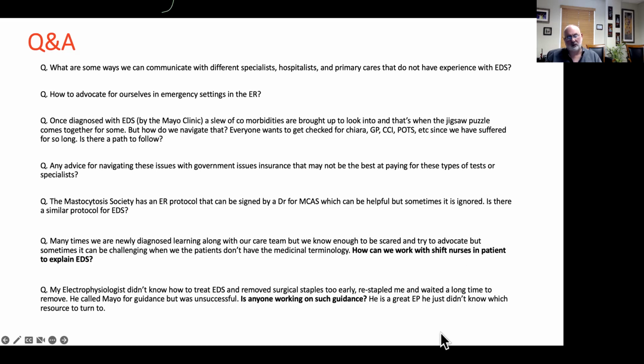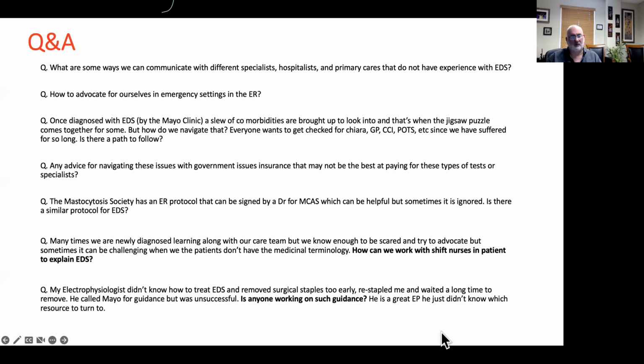So the problem with going to a specialist is that they'll know a lot about whatever it is that they specialize in. You go to an electrophysiologist, he'll know about all the pacemakers and how they work and who needs what and how to diagnose it and all that. But when it comes to putting stitches in for somebody who has EDS, they're just not going to have a clue. So there again, depending on how many disorders you have together, you have to make sure that they're addressed.